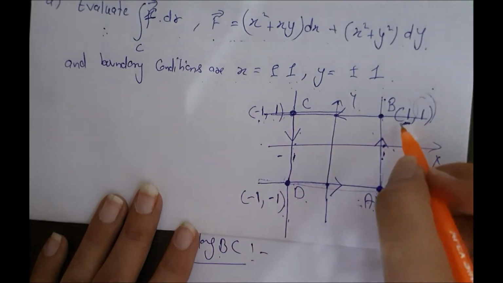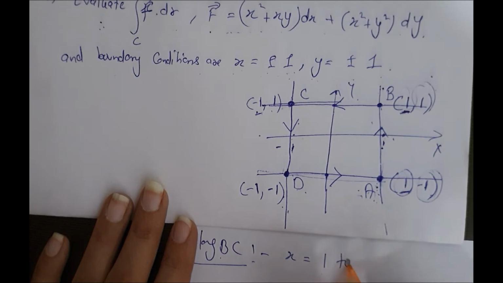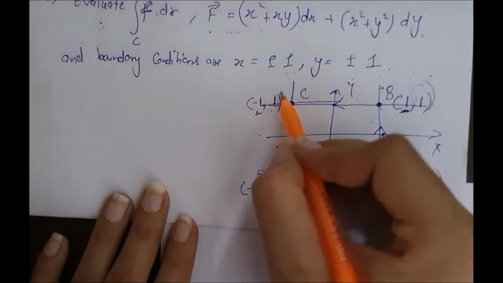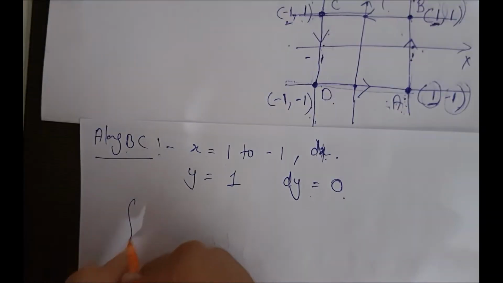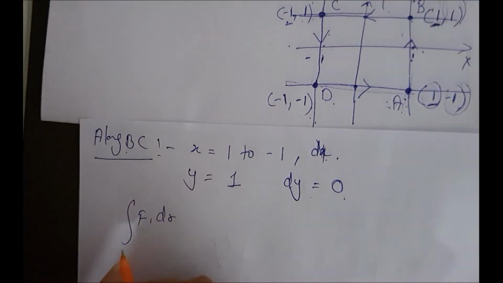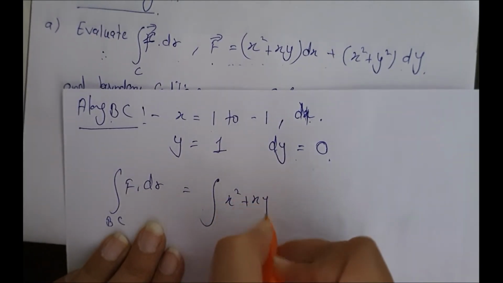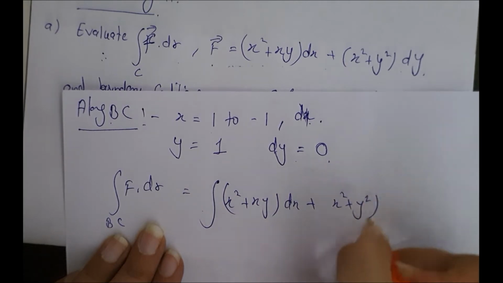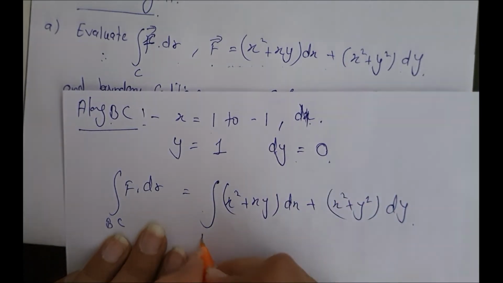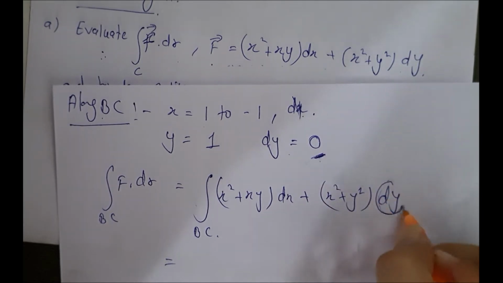Here for B to C, x is varying from 1 to minus 1 and y is constant, that is 1. So dy will be 0. So F·dr along BC: firstly write the function along BC. Here dy is 0, put 0 in place of dy.